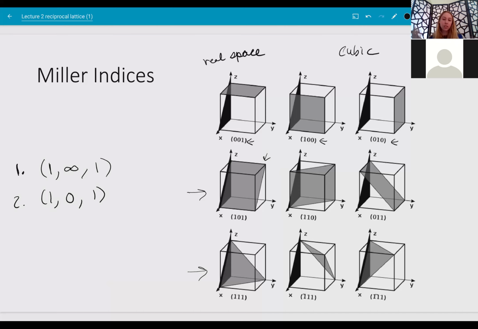So anyway, these are just some examples of Miller indices. They don't just need to have ones in them. You can have 2, 1, 0, 3, 1, 0, and so on. We won't see examples, but we'll see notation that uses it. Okay, so these are what Miller indices are.